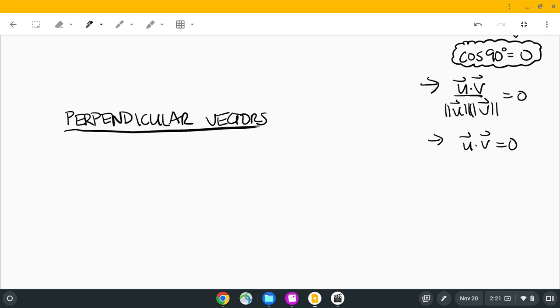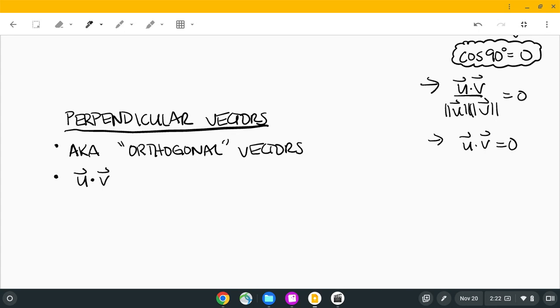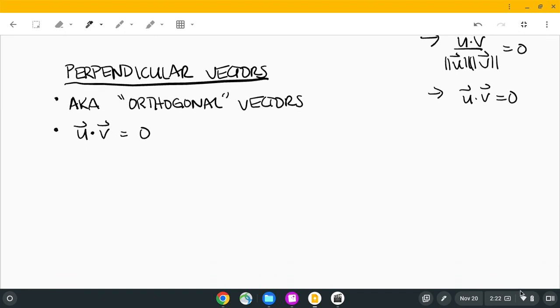Here's the fancy name: another name for perpendicular vectors is orthogonal. And if they are perpendicular, then we just deduced that u dot v equals 0. Their dot product must be 0.